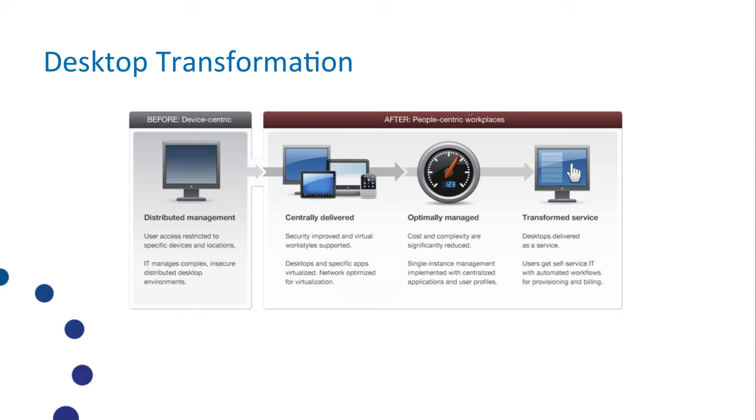It's a lot of fancy words, but really what we're talking about is taking a desktop from being focused at the actual endpoint device itself, to being focused on the people and on the services that we're delivering from the data center, and moving that into a centrally delivered, optimally managed environment, right? So when we do that, we're taking all of these applications and the endpoint technologies that we've had in a traditional or legacy architecture and transforming that into a new next-generation virtualized delivery mechanism.